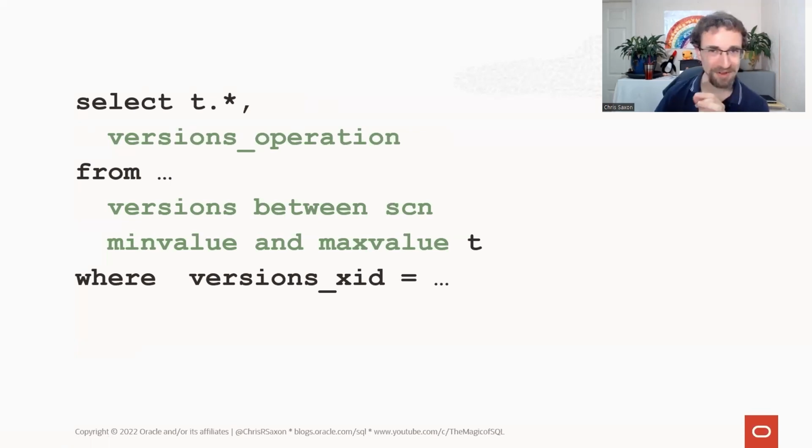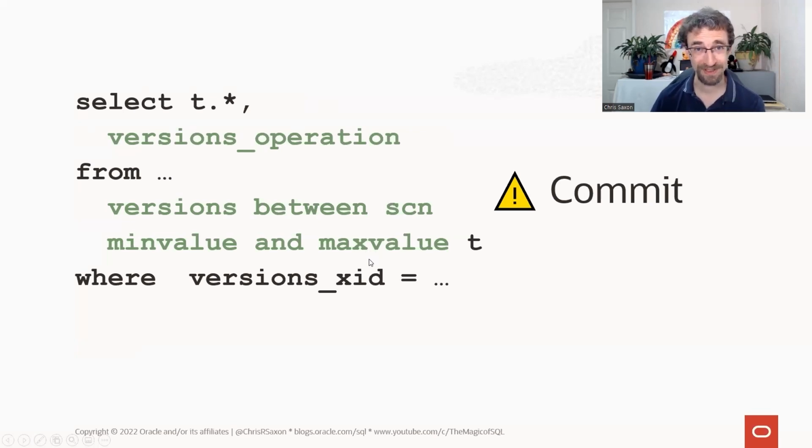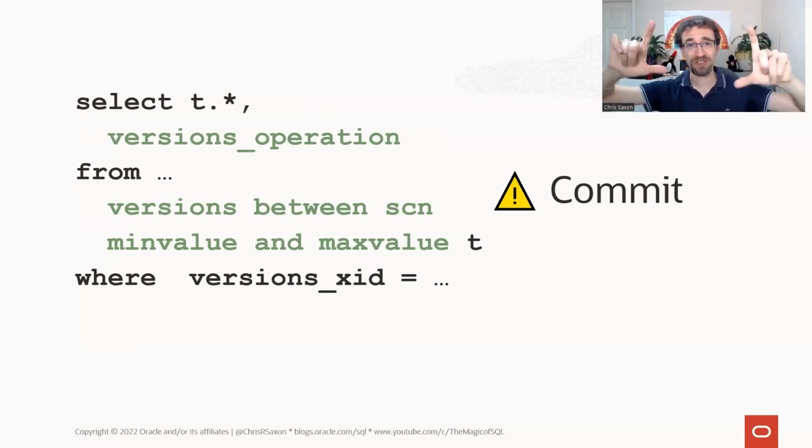Again, however, there are some drawbacks and gotchas to be aware of. First up, the information only becomes visible to this versions between query when you commit, right? So if you've got your merge statement and immediately afterwards you run this query, you are not going to see the changes that you have just executed.